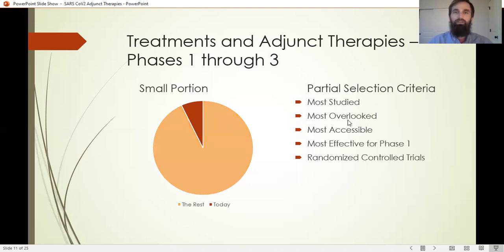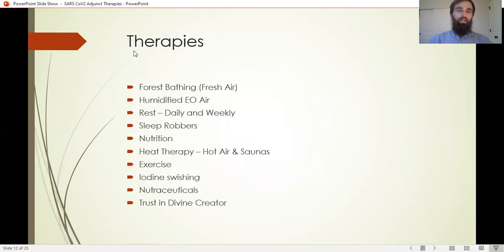So we're just looking at a very small portion of these therapies. There's a ton more than we can cover. These are what we are going to cover, and we're only going to be able to cover a little bit of each one of these as well. So we're going to look at fresh air and what that does to the white blood cell activating enzymes.